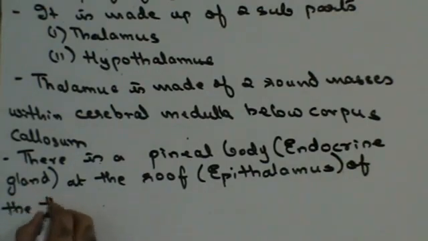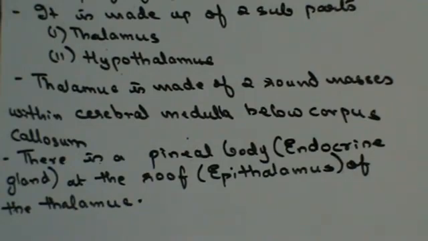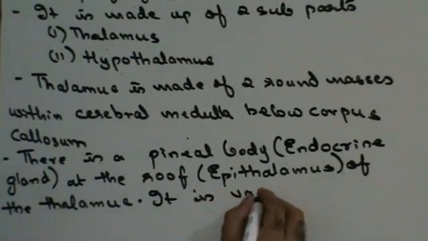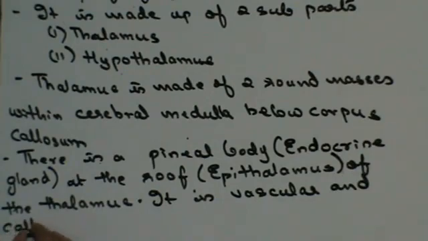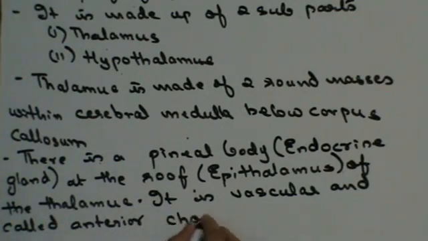It's called the pineal body. The pineal body is an endocrine gland. It is vascular and is called the anterior choroid plexus.